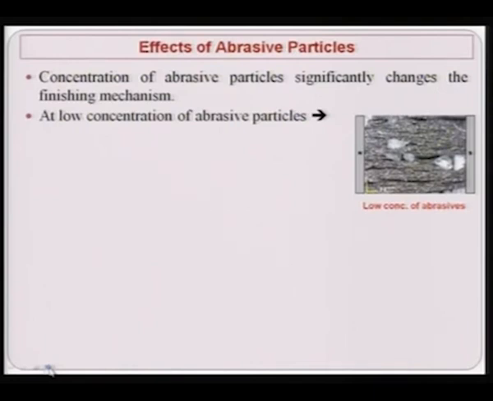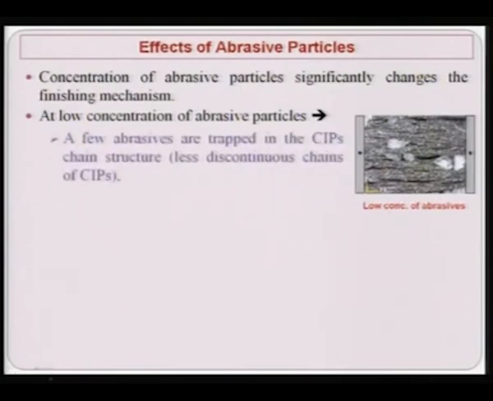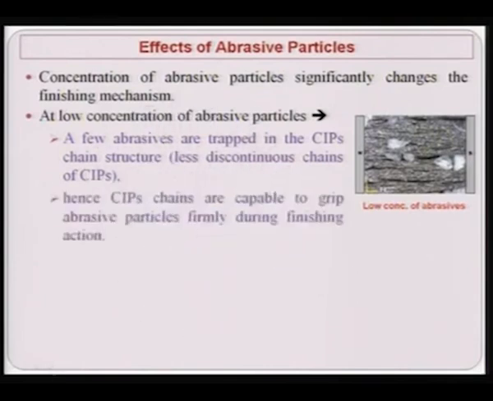Some of the locations are without abrasive particles, some are with abrasive particles, and material will be removed by these abrasive particles only and not by the carbonyl iron particles. A few abrasives are trapped in the CIP chain structure, and less discontinuous chains of CIPs are formed. Hence, CIP chains are capable of gripping abrasive particles firmly during the finishing process.